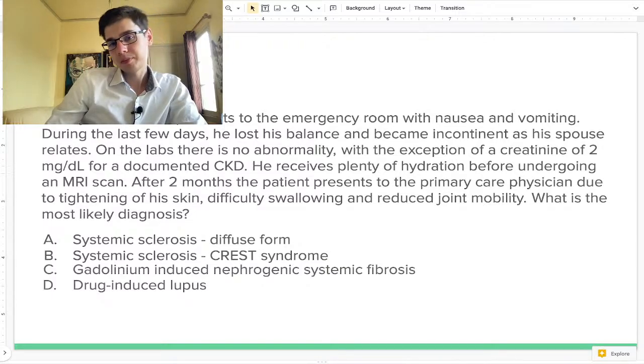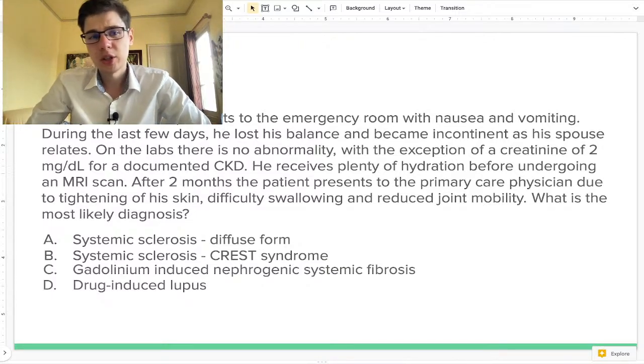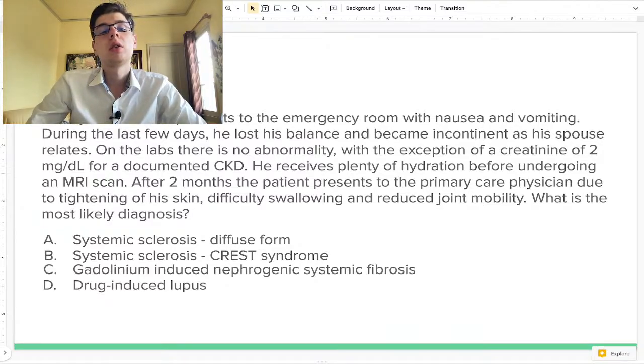in this vignette, we have a patient that has chronic kidney disease but does not develop the tightening of his skin, the difficulty swallowing, and the reduced joint mobility up until that point.